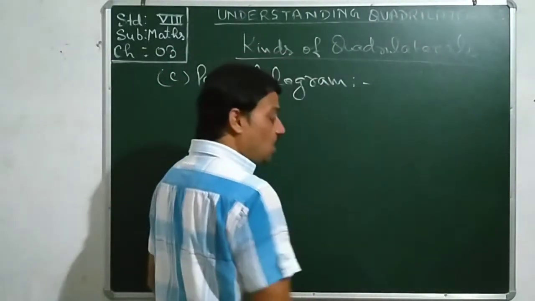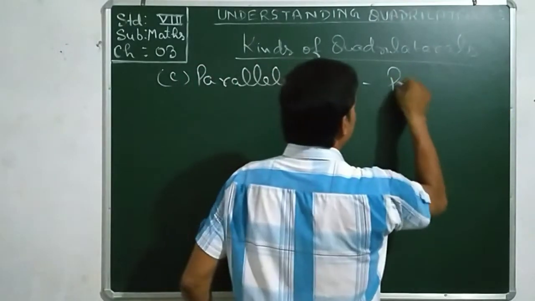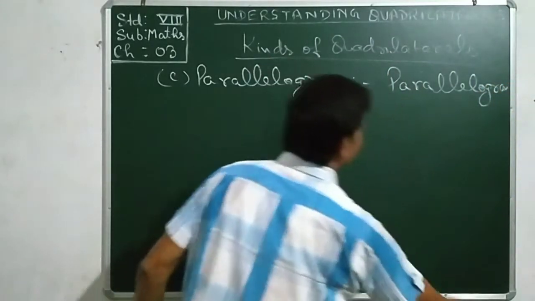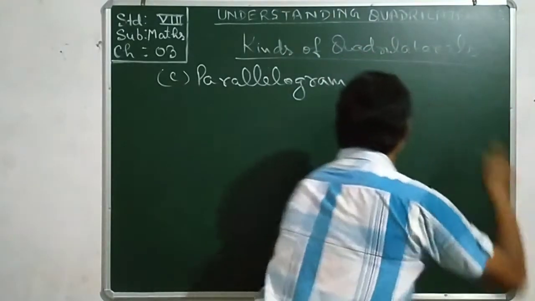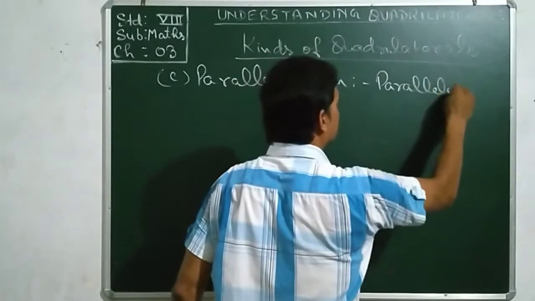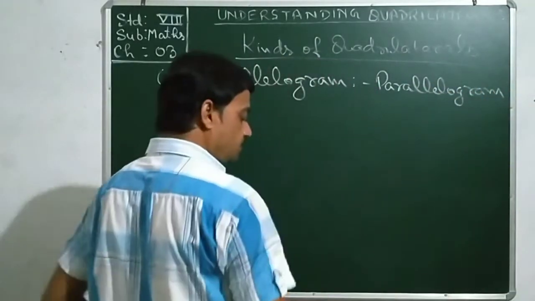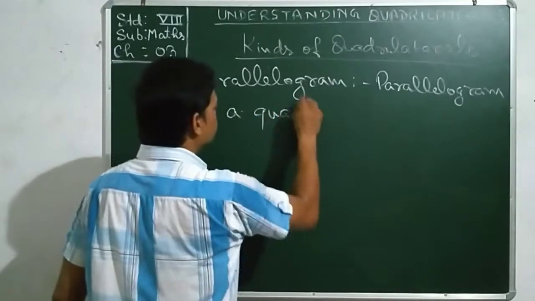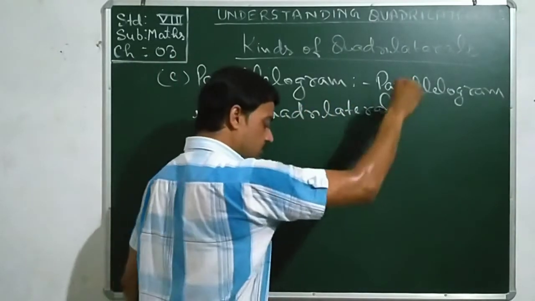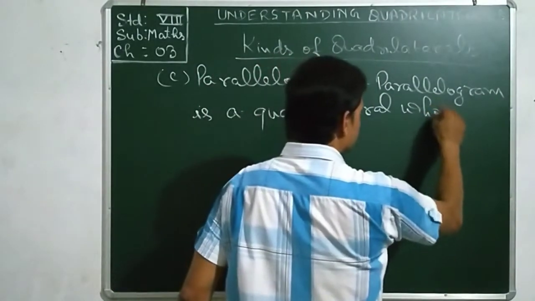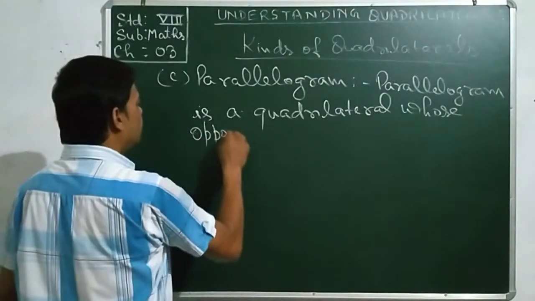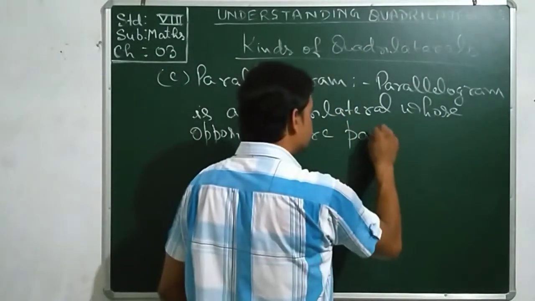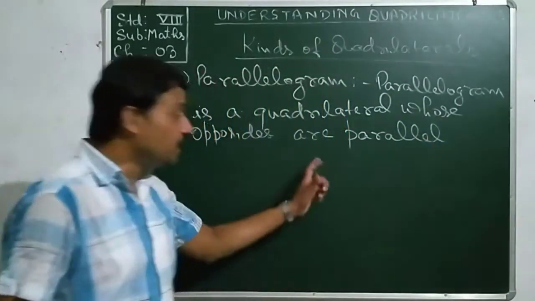To understand the parallelogram, see, a parallelogram is a quadrilateral whose opposite sides are parallel. Of course, they are also equal.